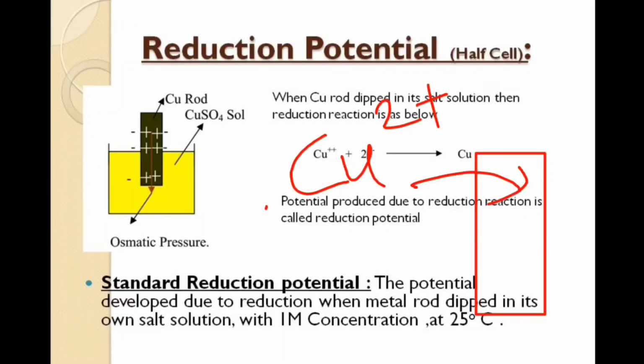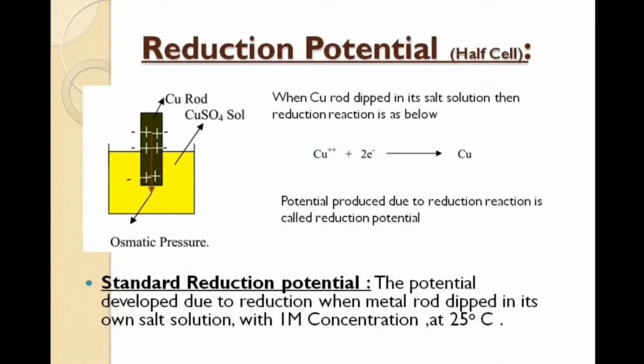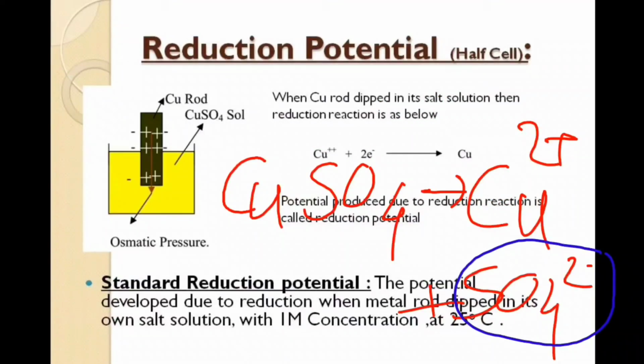Now here Cu2+ ions get deposited on the rod, so on the rod positive charge is present. Whereas as you know, CuSO4 dissociates as Cu2+ plus SO4 2- ions. That means SO4 2- ions are present in the solution.